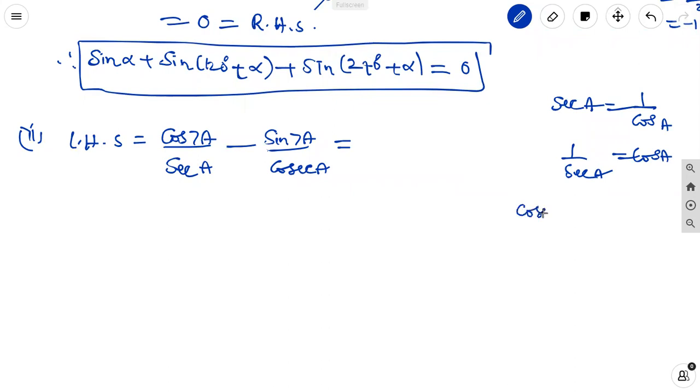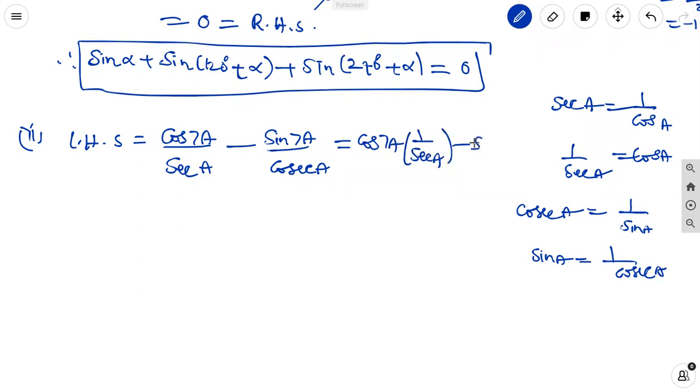Similarly, 1 by cosec a is equal to sin a. So here we can write it as cos 7a into 1 by sec a minus sin 7a into 1 by cosec a. It is equal to cos 7a cos a minus sin 7a sin a.